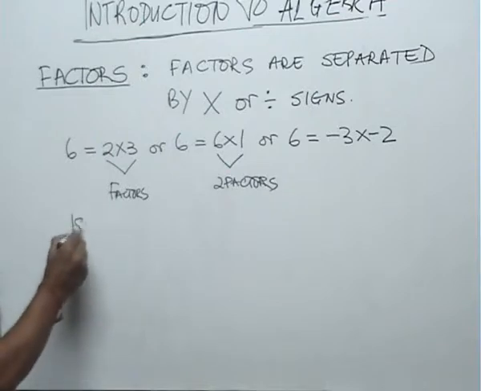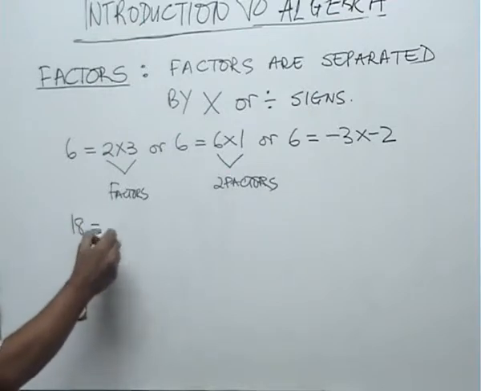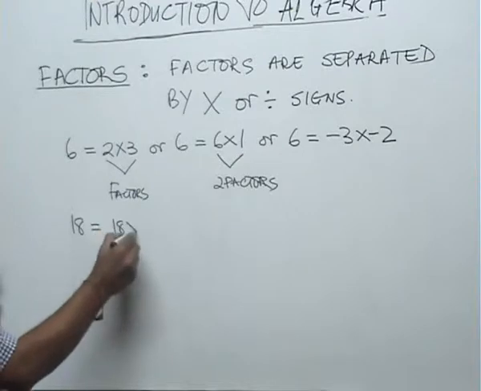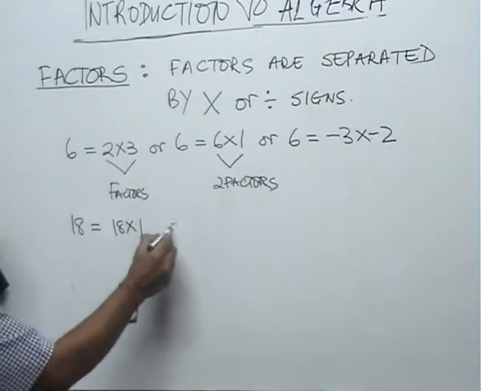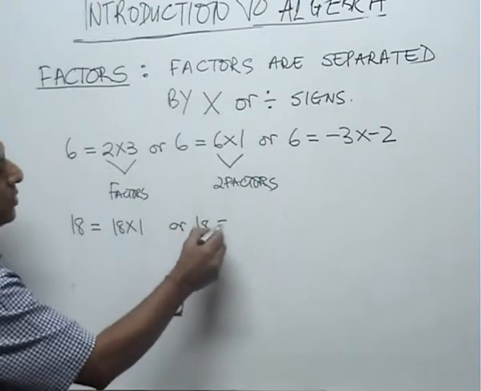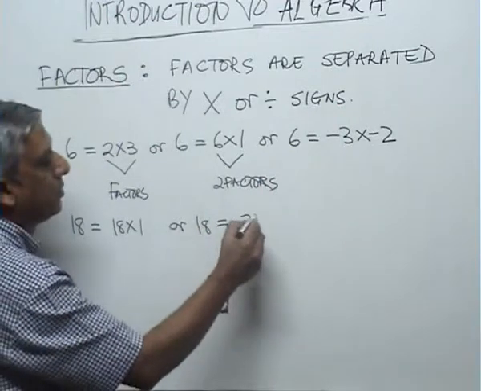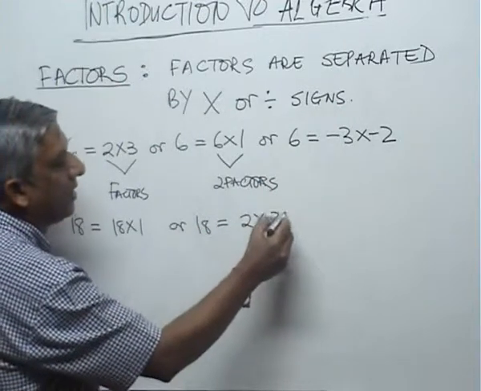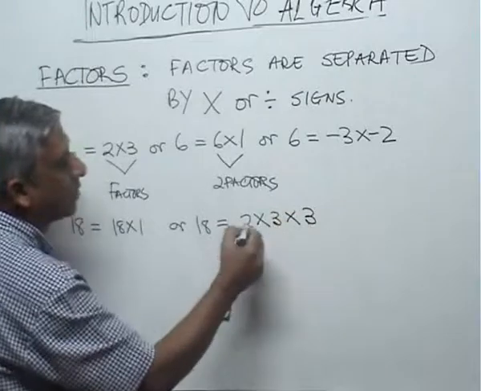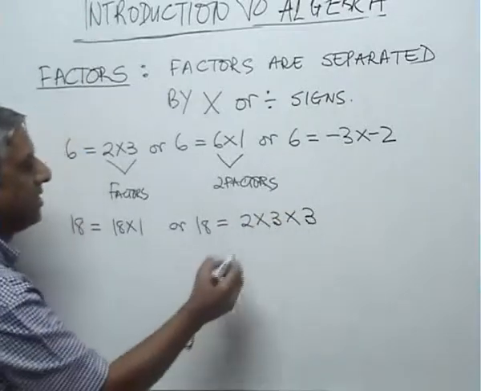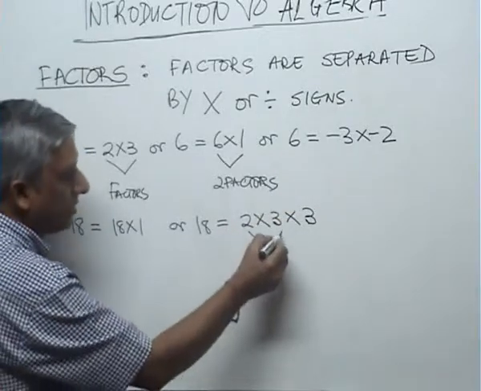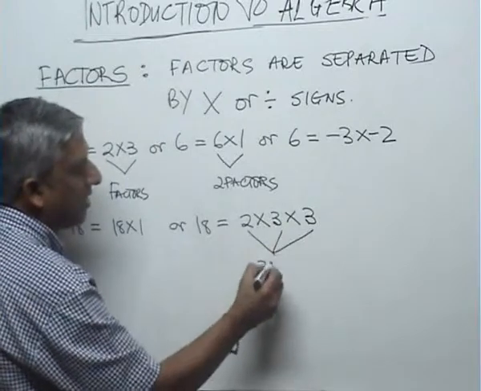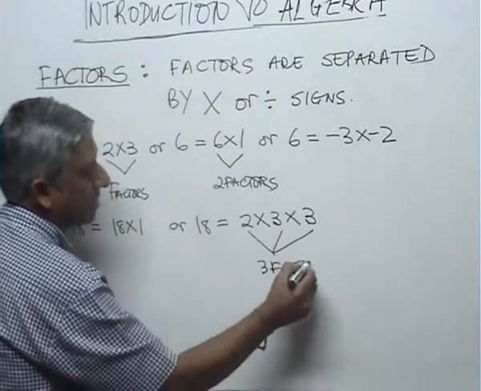If you take 18, 18 could be 18 times 1, or 18 is equal to 2 times 3 times 3. 2 times 3 is 6, 6 times 3 is 18. So now you got 1, 2, 3 factors.